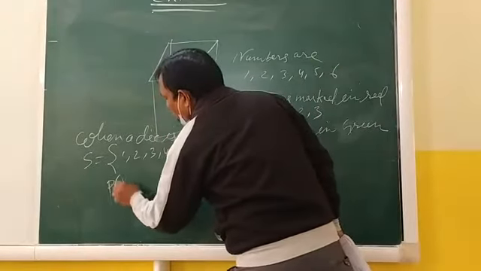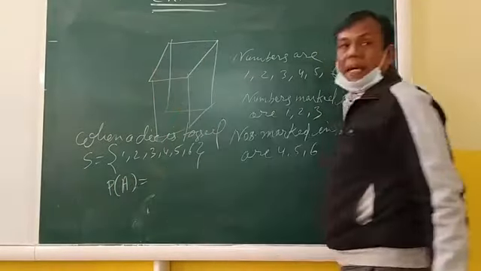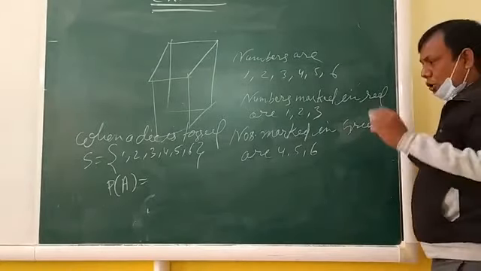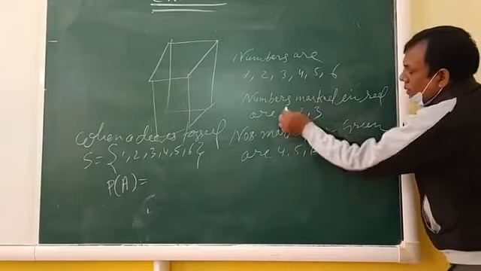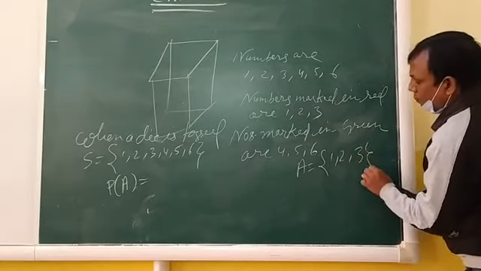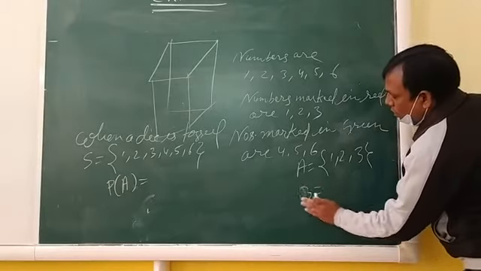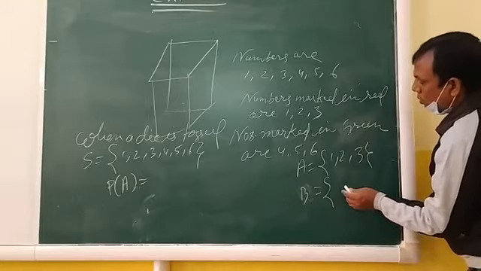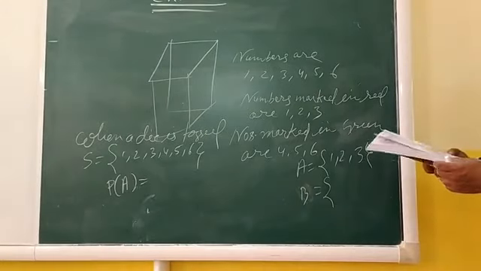So probability of A, P(A) will be what? See, here you can see that A equal to 2, 4, 6. A is what? Even.